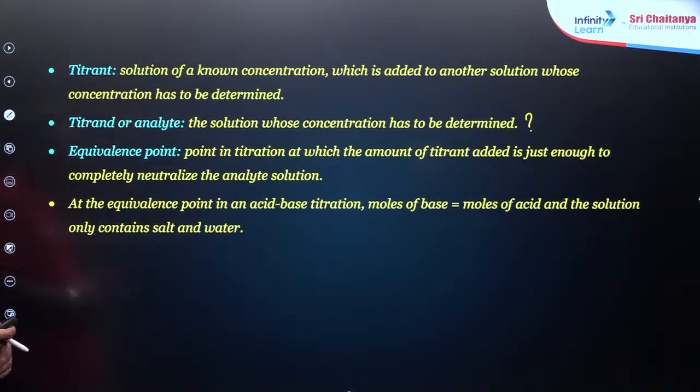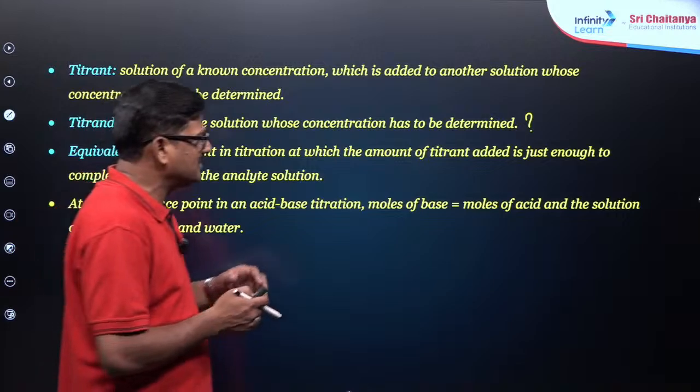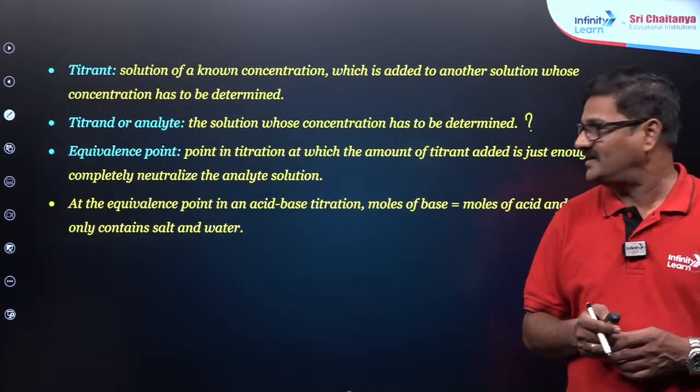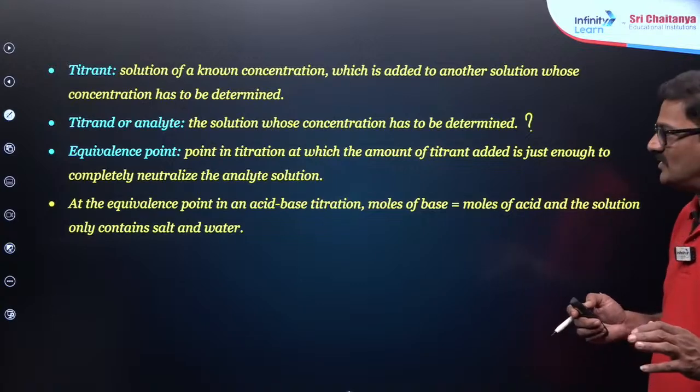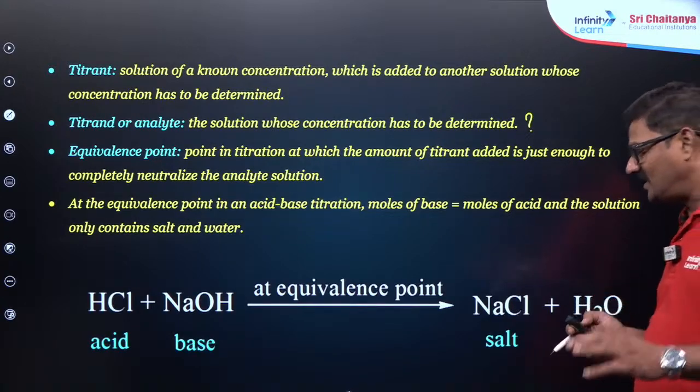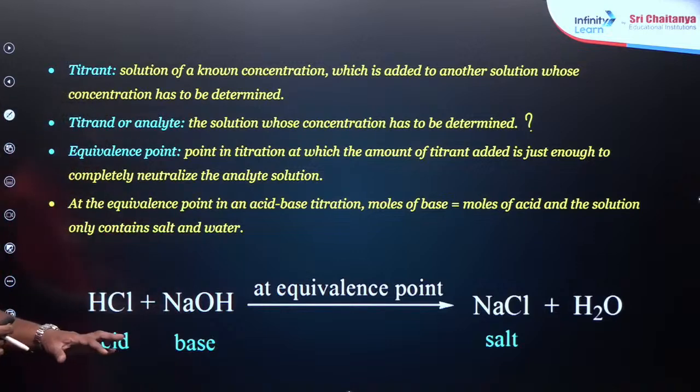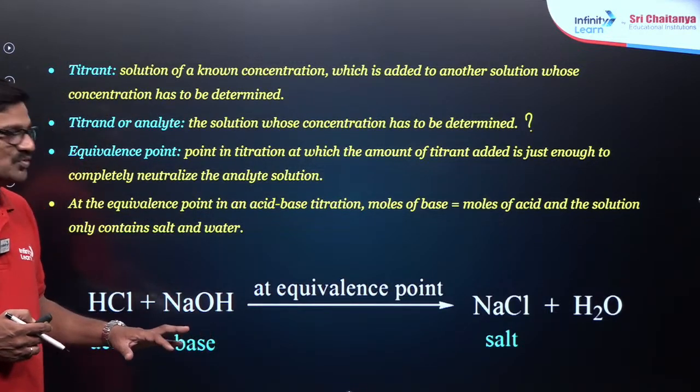At the equivalence point of an acid-base titration, moles of base equal moles of acid, and it contains salt and water. If HCl completely reacts with NaOH, at the equivalence point sodium chloride and H2O are formed.